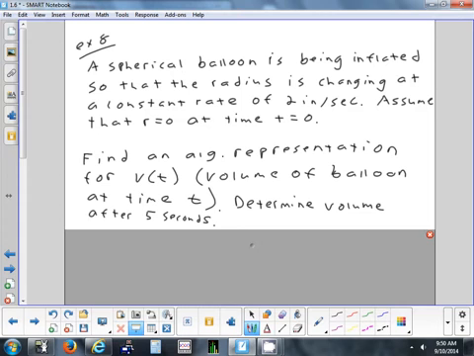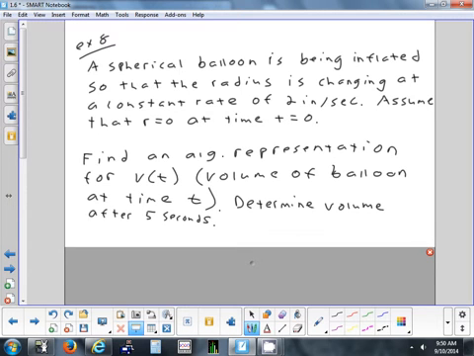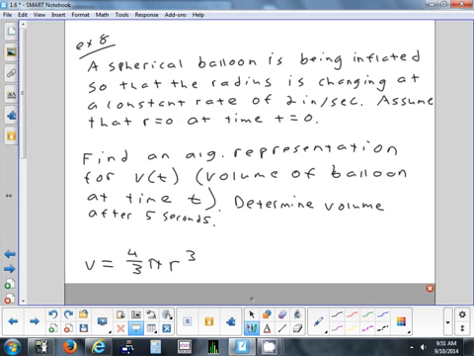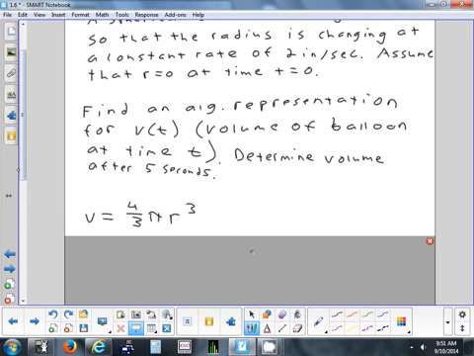Okay, that's easy. But coming up with the formula is a little harder. First thing we're going to need is the volume of a sphere. Okay? And the book gives you that. The volume of a sphere is 4/3 pi r cubed. Okay, any questions on that?